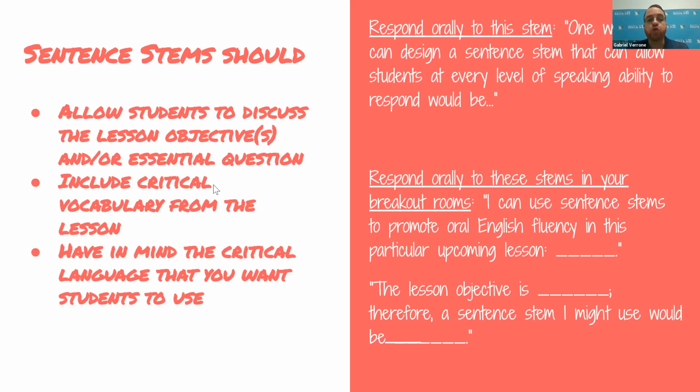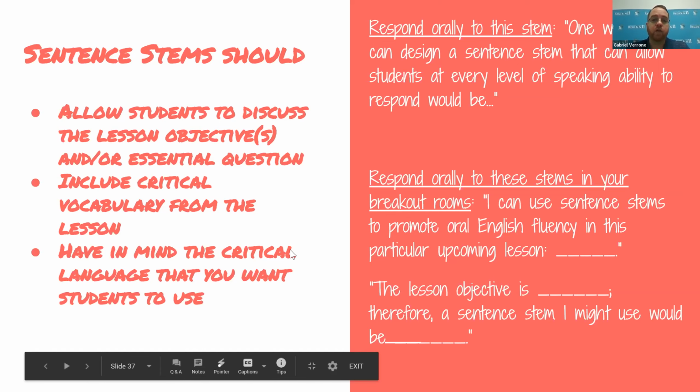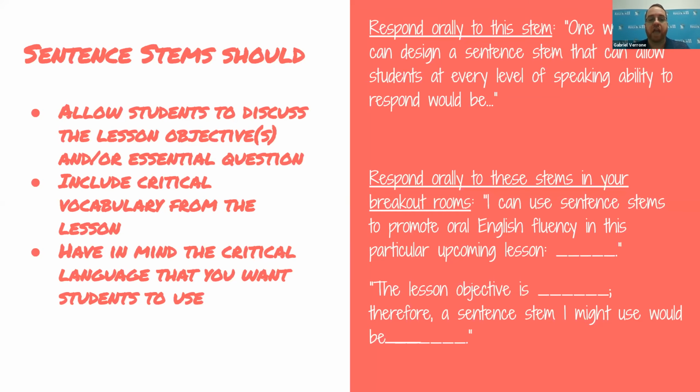It should include critical vocabulary from the lesson. You want them to talk about, like we saw earlier, weight and buoyancy and magnetism and length. You want them to talk about physical properties if that's the lesson objective. And lastly, sometimes we write a stem, and we just write it, and then we don't really think about whether it actually has them produce the language I want.